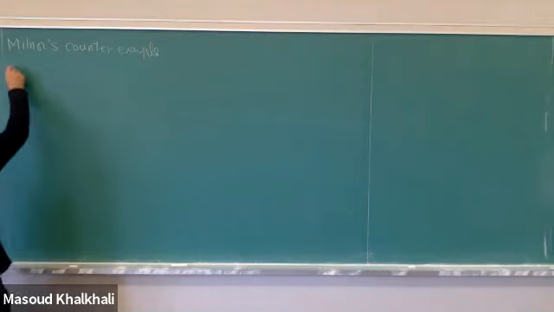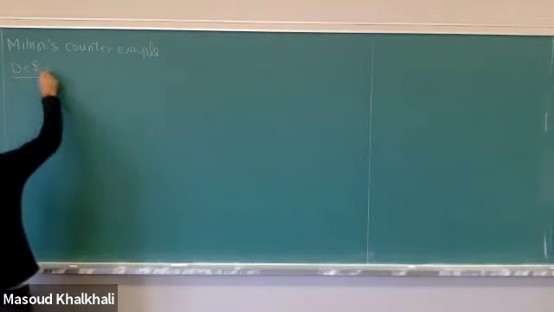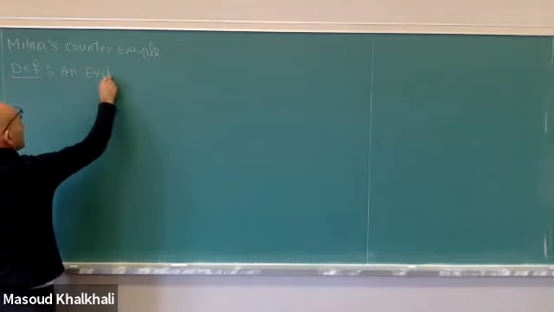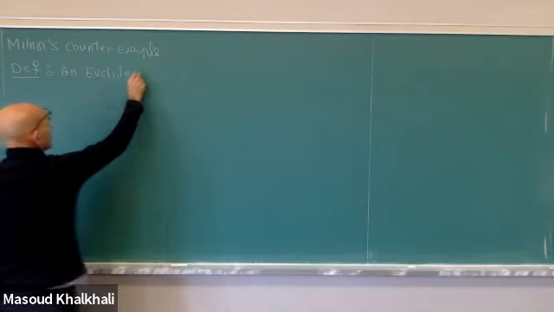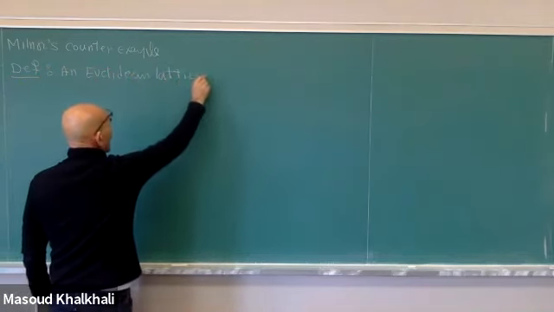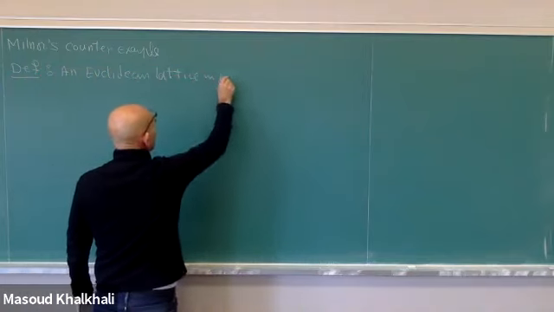So definition: I would say a Euclidean lattice in Rn.